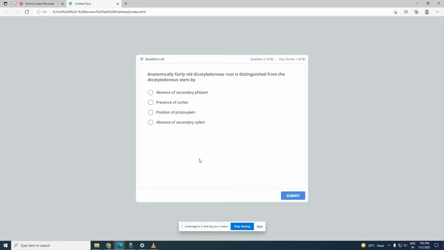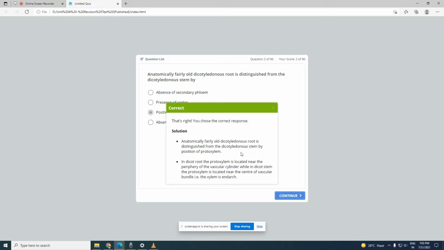Which is the right one? So once again, option C, position of protoxylem. That's right.